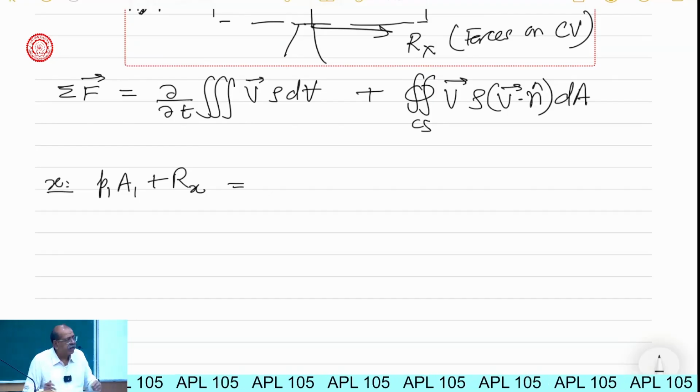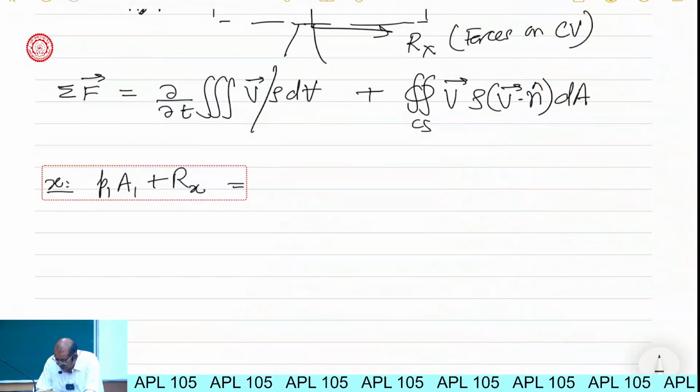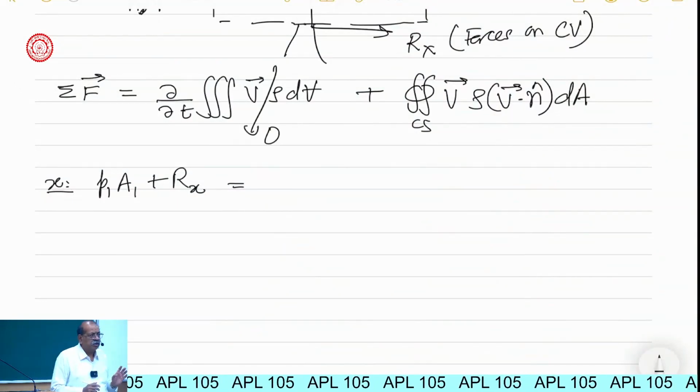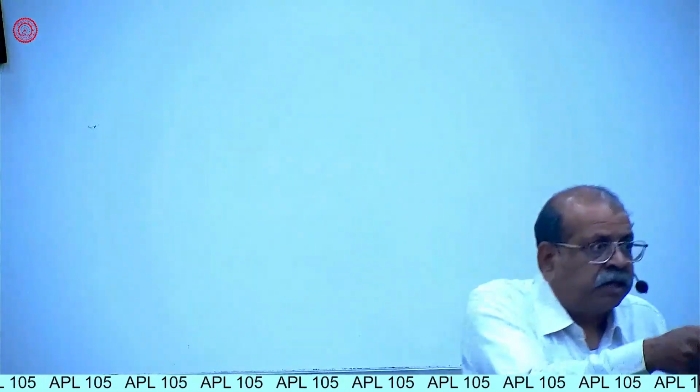Now, this d by dt term, there is mixing going on, but we assume that it is at the same rate and everything. It's a fixed control volume. So this d by dt term is assumed to be 0. Of course, you may say there is mixing, so at each point there must be something changing with time, but whatever is happening has smoothened out, so with time things are not changing.